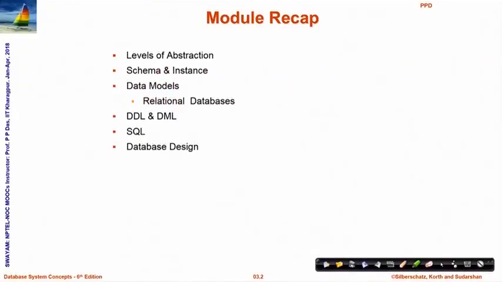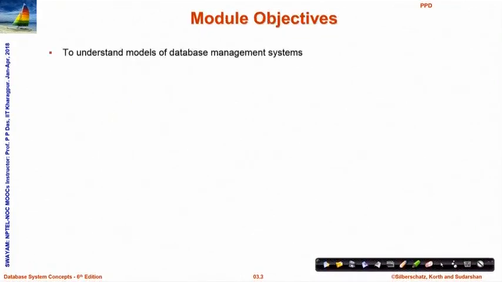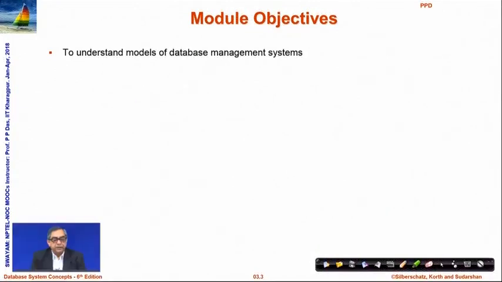So, these are the aspects that we had discussed earlier, starting from level of abstraction to the outline of database design. In the current module, we would like to understand the models of database management systems a little bit more, and we will try to familiarize with the concept of major components of database engine.